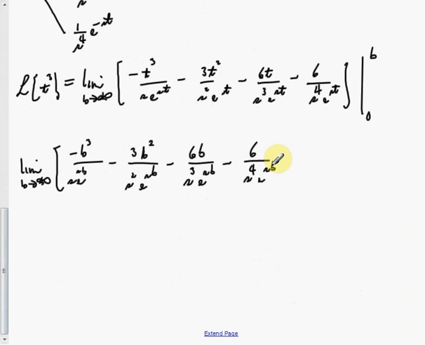And then that's for b. Plug in t equals 0, then we get plus 0, plus 0, plus 0, plus 6 over s to the fourth.